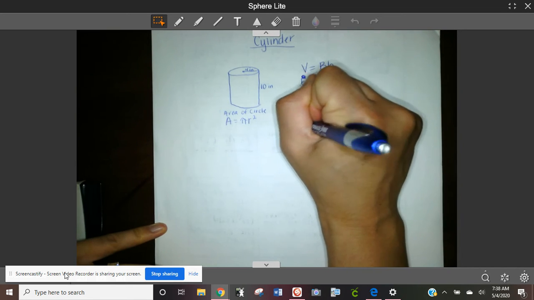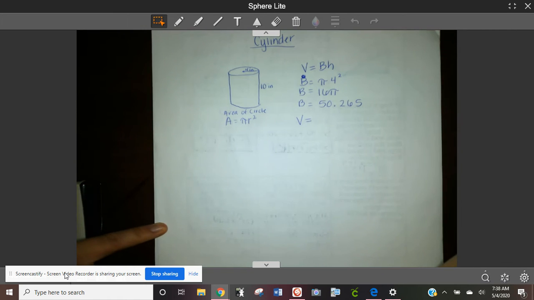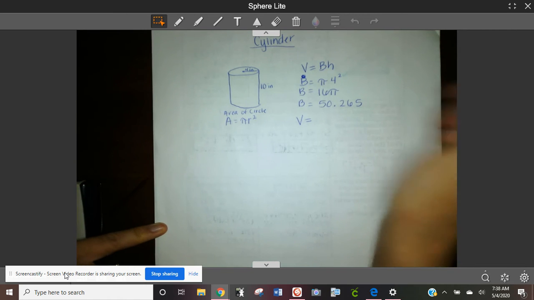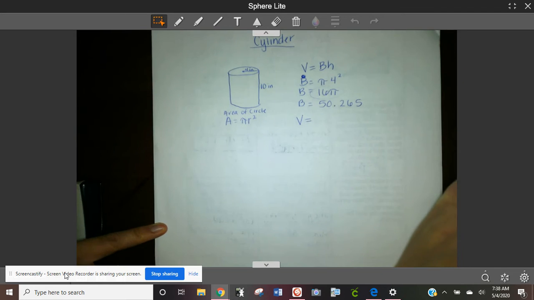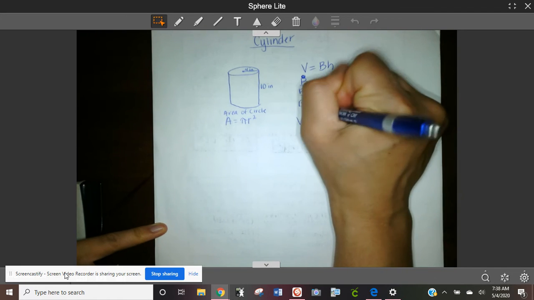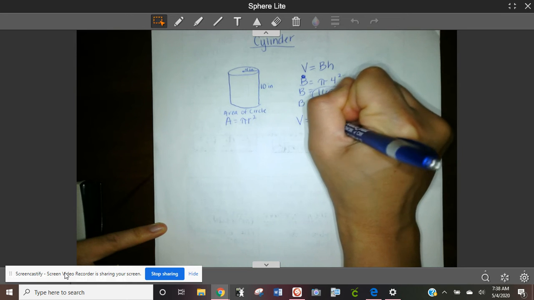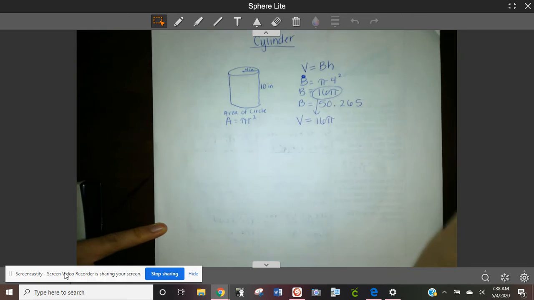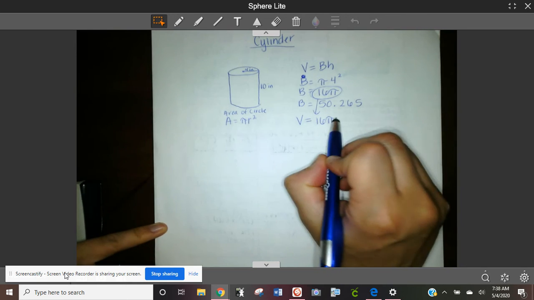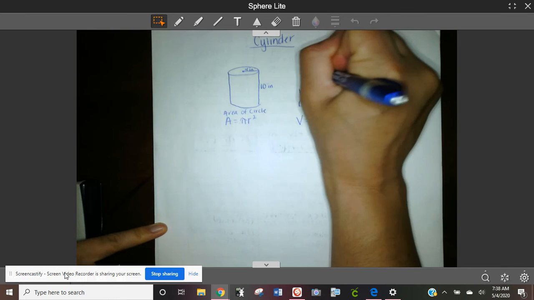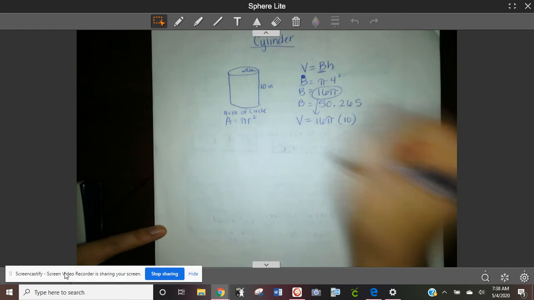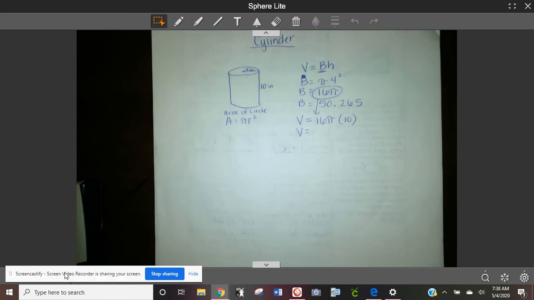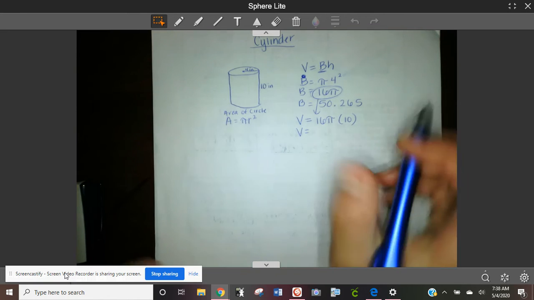Now we are going to do our volume. All right. So we'll say area of the base. We could actually use 16 pi if we want to get real approximate, or exact rather. Okay, so that's my area of the base. And then the height is just 10. So times 10. So I'm going to do 16 times pi times 10.